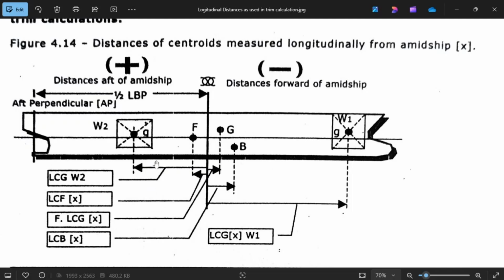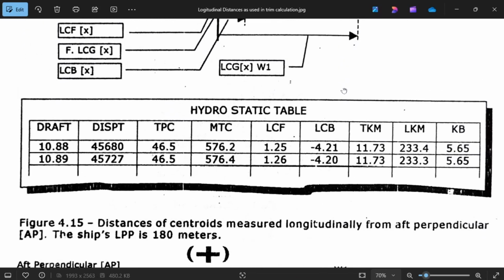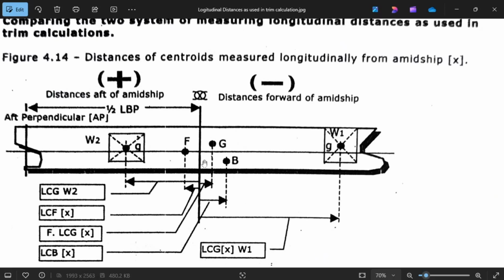And what else? This is your aft perpendicular of the vessel, and this will be the forward perpendicular of the vessel. Let me explain.